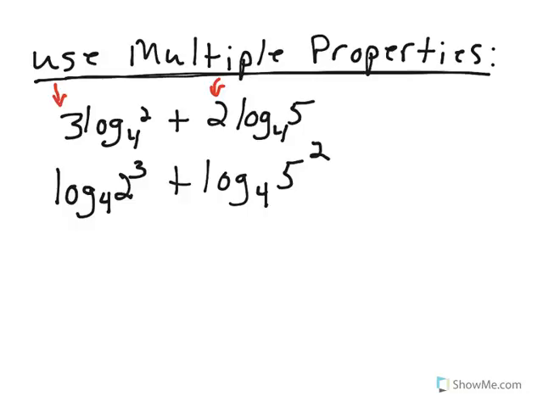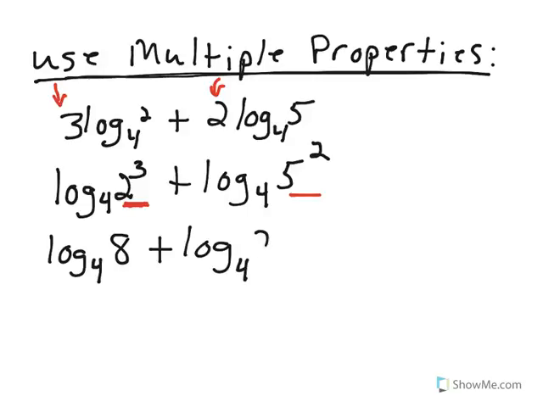Now we are going to evaluate those exponents. So we have log base 4 of 2 to the 3rd power, which is 8, plus log base 4 of 5 to the 2nd power, which is 25.